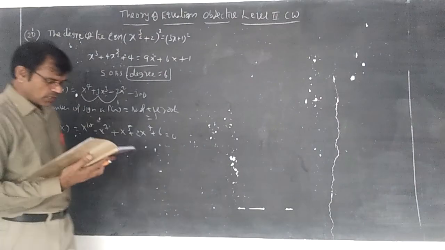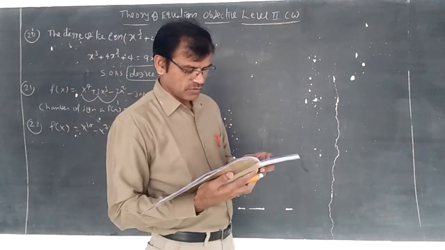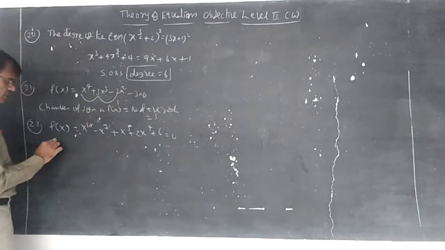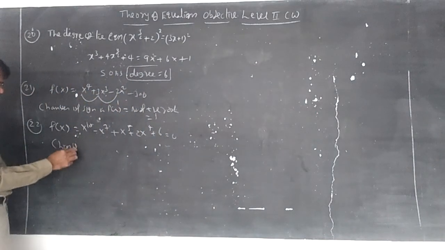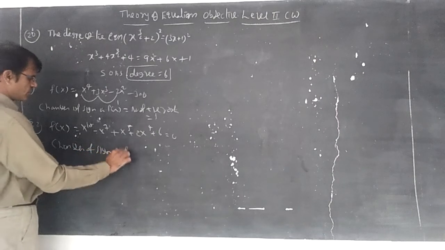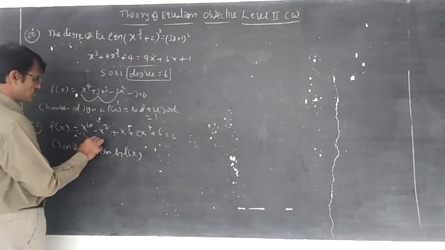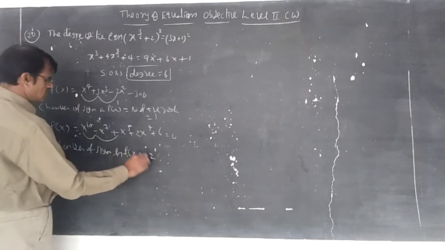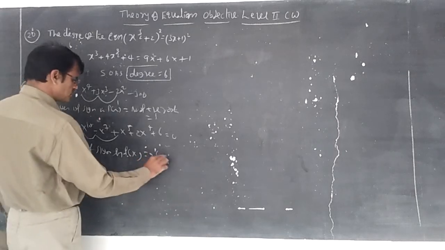If the roots are real, then the answer will be at most, of course, for everything at most one given. So changes of sign in f of x: plus 2 minus 1 change, minus 2 plus 2 changes. That is equal to 2. 2 positive roots.